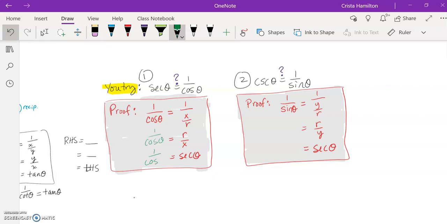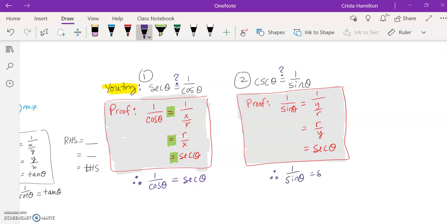It's understood mathematically that when we have this string of equations set equal to each other, with the equals and the equals and the equals, we get to conclude at the bottom, therefore, the first thing we started with is equal to the last thing in the string of equivalences. And likewise over here. So it's actually just more work for you if you keep writing it down, and I consider it to be bad form.